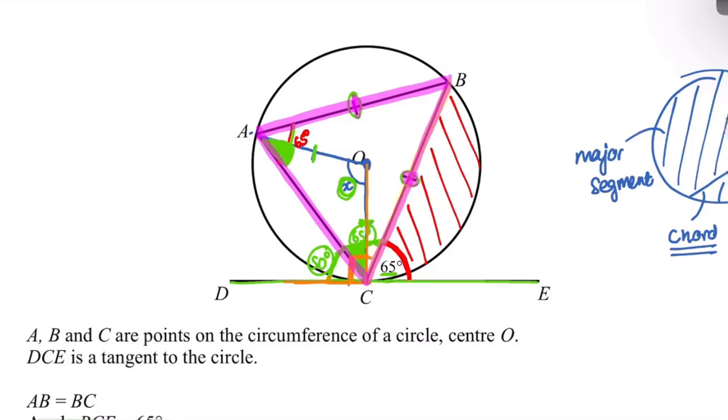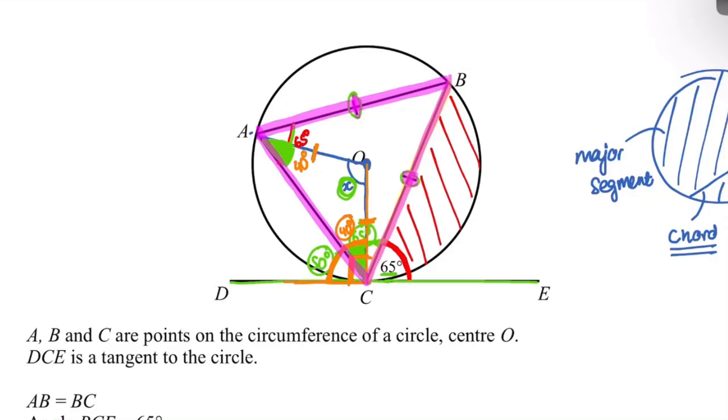Now we know that this angle is 50 degrees. So to work out this angle, it's going to be 90 subtract 50, which is just going to be 40 degrees. So this angle over here is going to be 40 degrees. And because it's an isosceles triangle, you know that this angle is going to be the same as this angle over here.